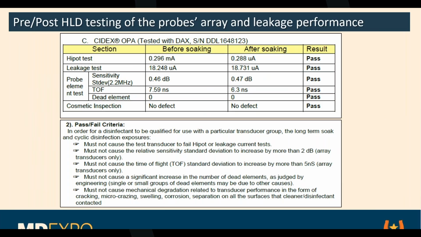The other thing that a lot of the companies do, and we do this for them, is probe element tests, before soaking and after soaking. Why is that? You really want to make sure that there's no leakage in the lens, because right behind the lens is the acoustic stack. We call it the array of the transducer.